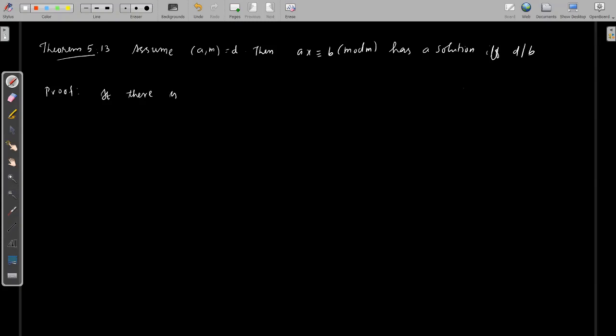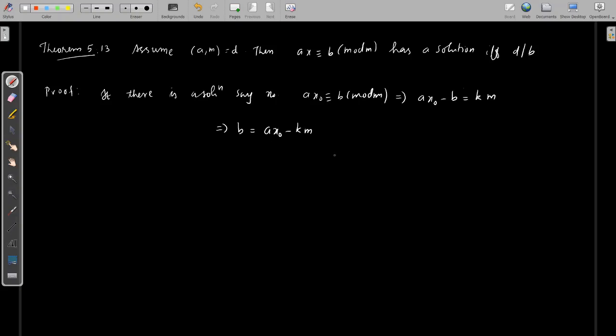If there is a solution, say x naught, we have a x naught congruent to b mod m. This implies a x naught minus b is equal to km, a multiple of m. So that implies b equals a x naught minus km.